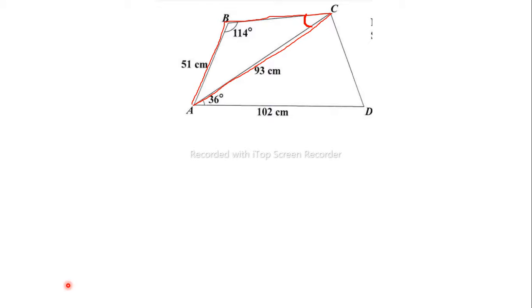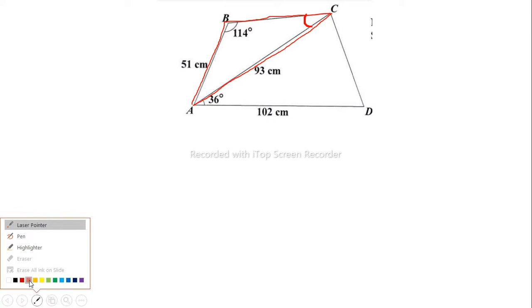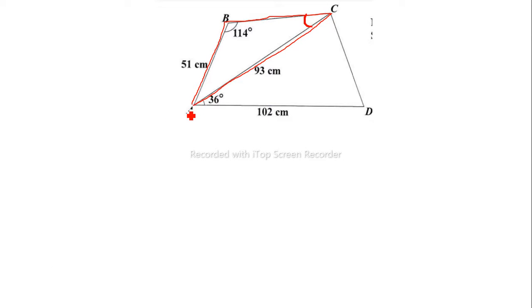So again, let's label it properly. Remember, the sine rule says that if this is capital A, then the corresponding side over here will be small a. And if this is capital C, then the corresponding side is going to be small c.